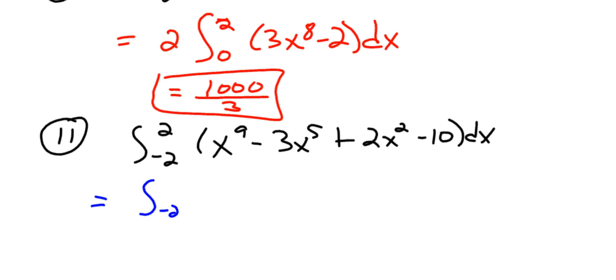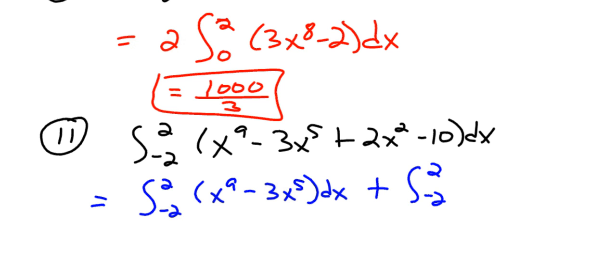If I go from negative 2 to 2 of x to the 9th minus 3x to the 5th dx, that's completely an odd function, and then this whole integral is 0. Then plus the integral from negative 2 to 2 of 2x squared minus 10 dx, and this is even.